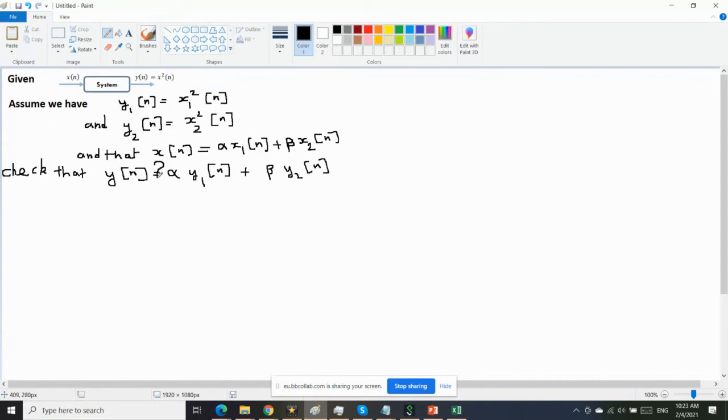Okay, so we want to check this. Are they equal, right hand side or left hand side? So, proof.